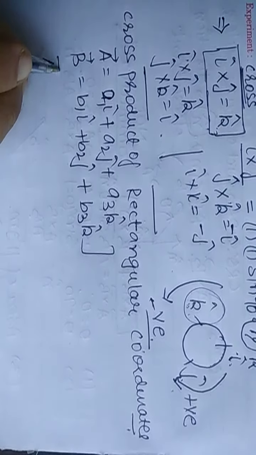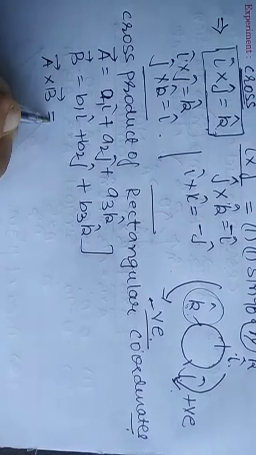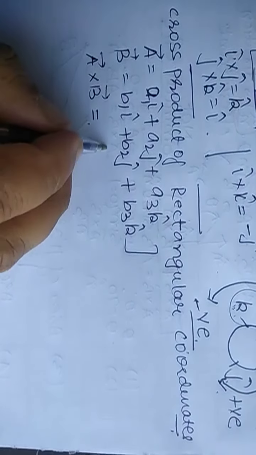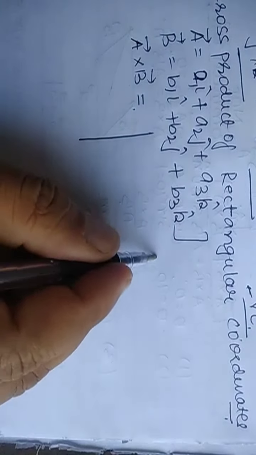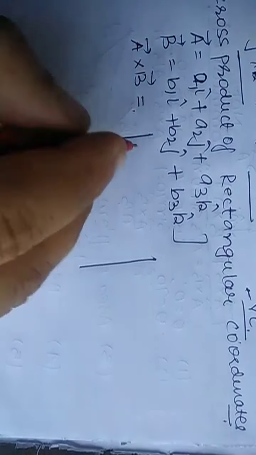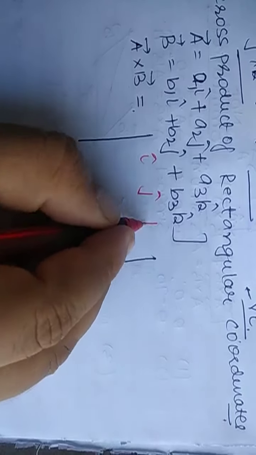Now you want to find a vector cross b vector. To solve this, what will you do? You will draw two lines, and then here you will write i cap, j cap, k cap.